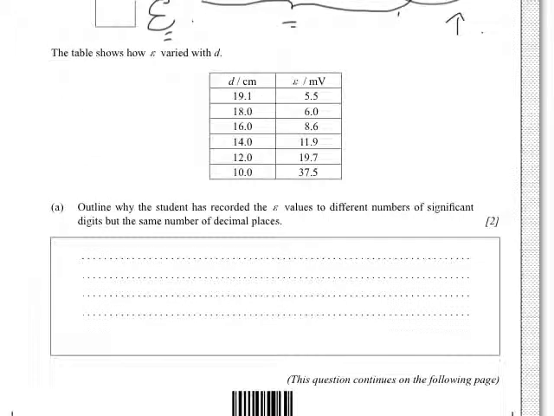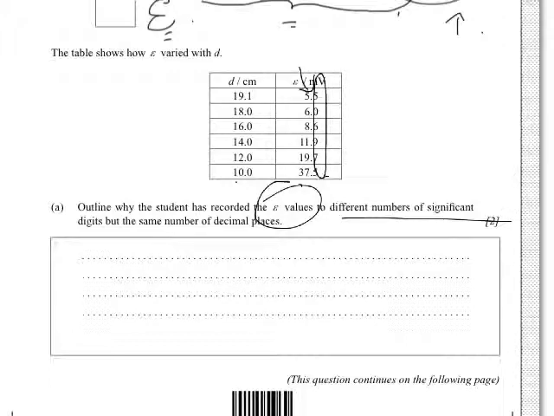Okay, in the first question, you have a student recording EMF to different significant figures, as you can see there. But you have the same number of decimal places. Now, from your own experiments, you should remember that the number of decimal places equates to the precision of the instrument.